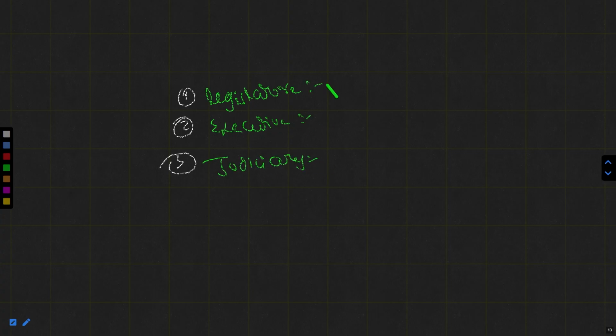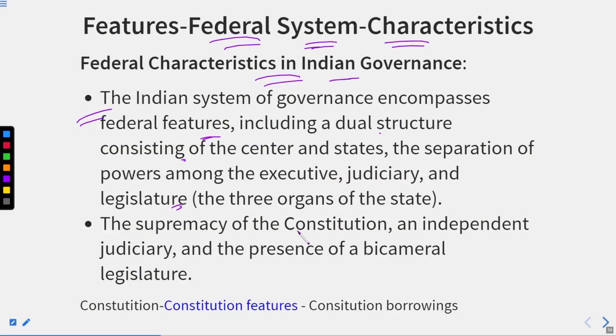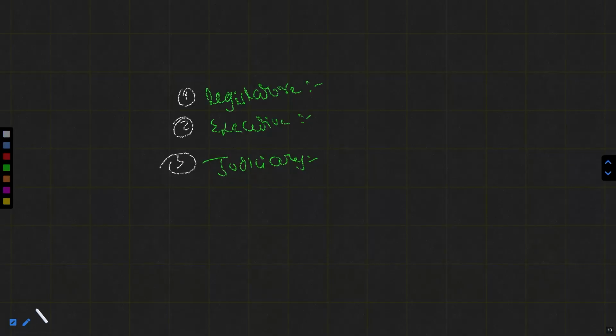Okay, these were the three organs. All right, and here is one thing written down, that there is a separation of powers. It means their powers are separated and well defined. It means the legislature is basically responsible for policy making. Got it?